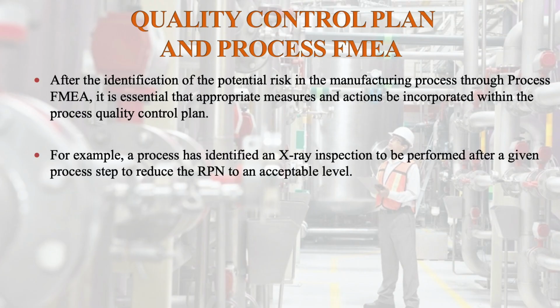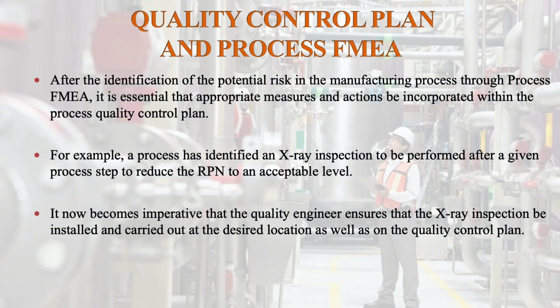For example, a process has identified an X-ray inspection to be performed after a given process step to reduce the RPN to an acceptable level. It now becomes imperative that the quality engineer ensures that X-ray inspection be installed and carried out at the desired location as well as in the quality control plan.